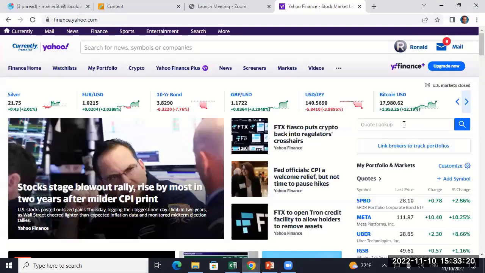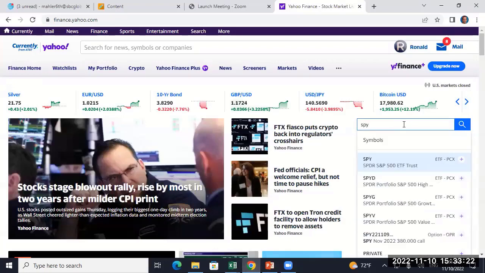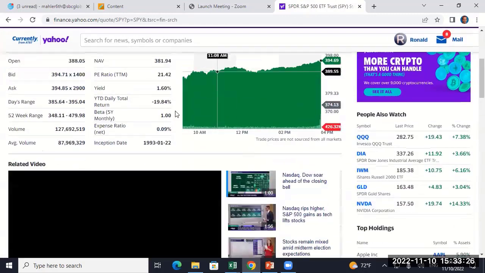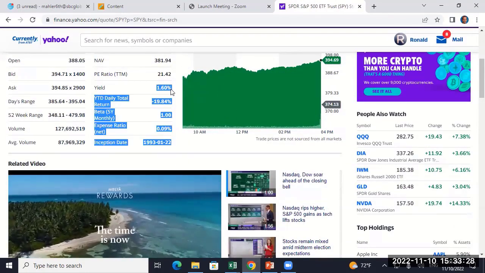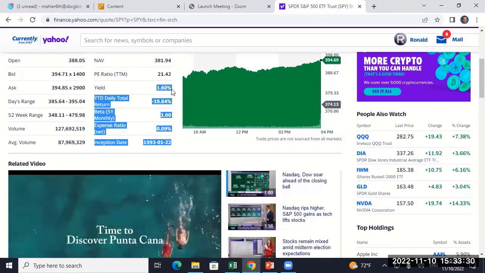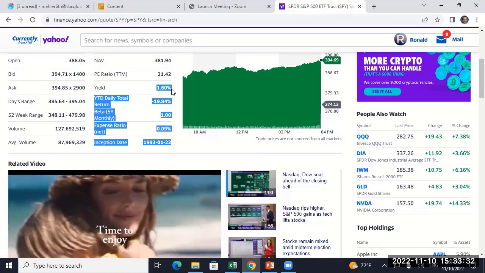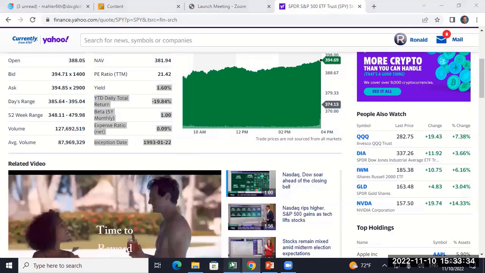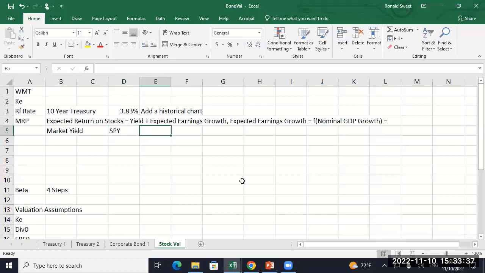To get the dividend yield in the S&P 500, we just type in SPY, which is the ETF on the S&P 500. And its current yield is 1.6%. So that is the yield on the stock market. Right? That's pretty simple to do. So we got our first number there.